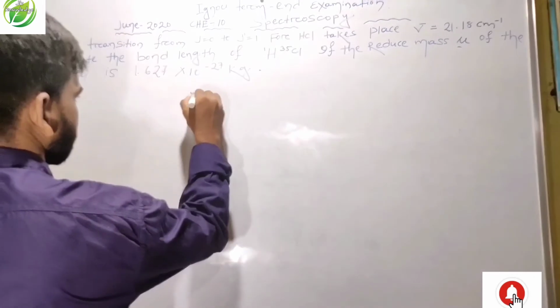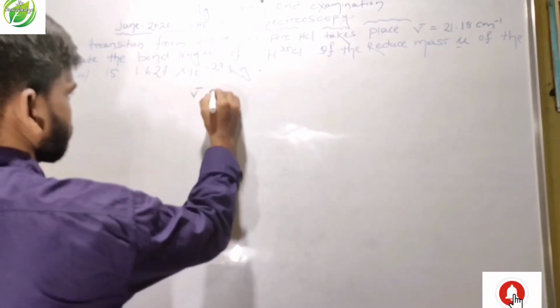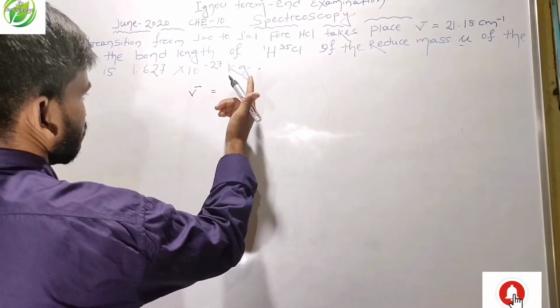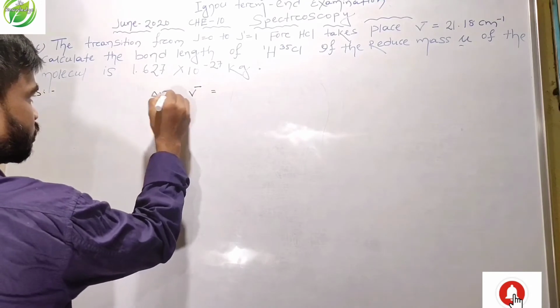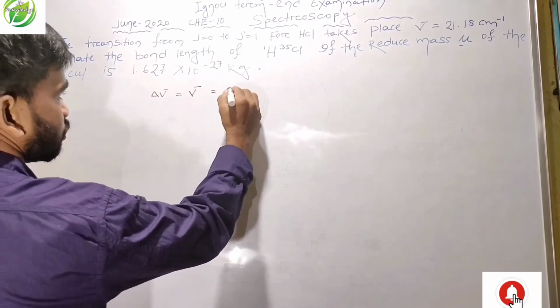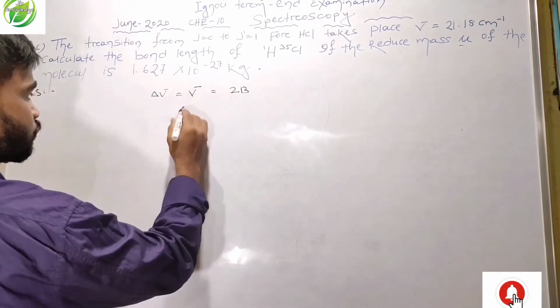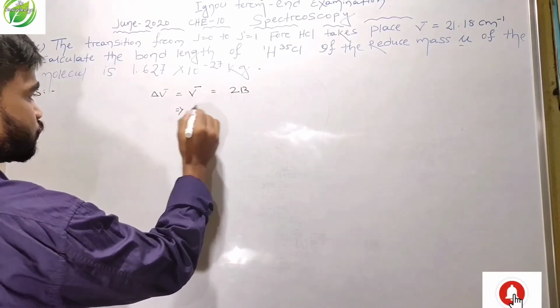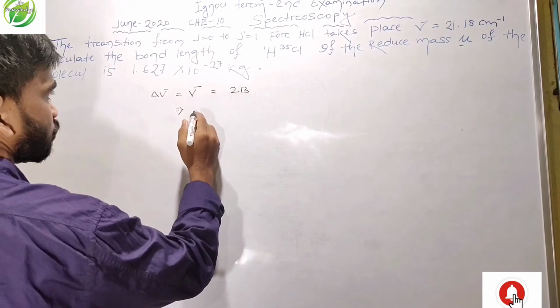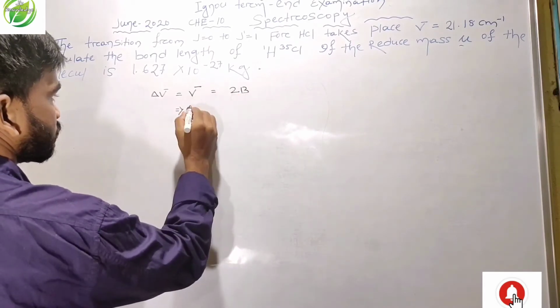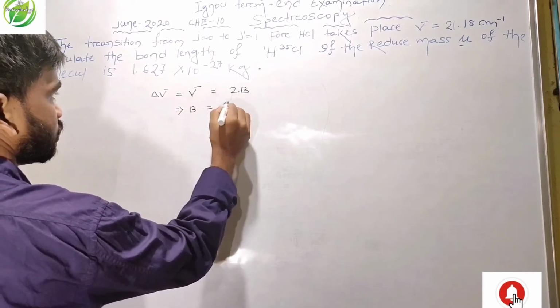So we get the energy difference between two energy states, delta V equal to 2B, so we calculate B.